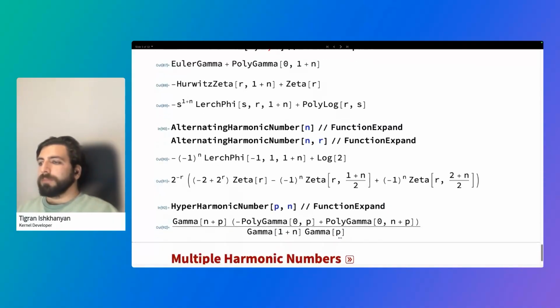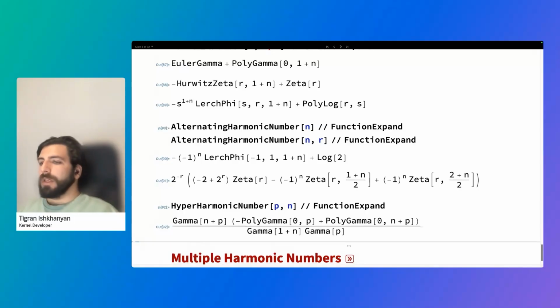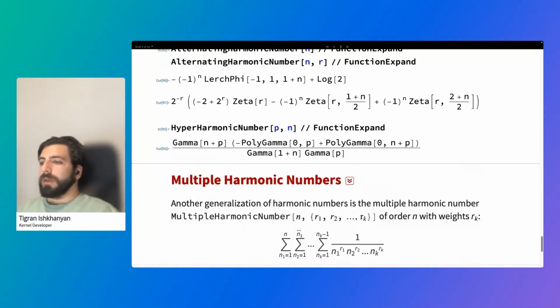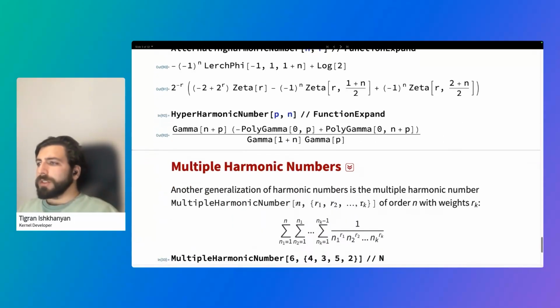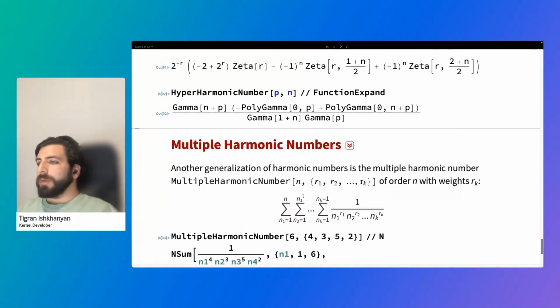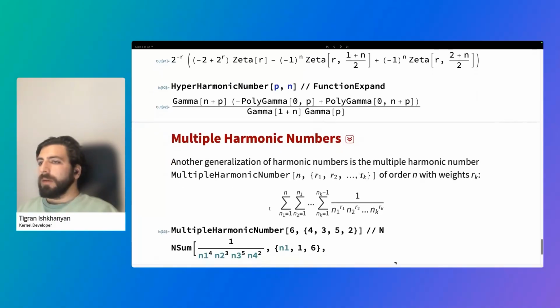So these are some new functions: the harmonic number of three arguments, the alternating harmonic numbers, and hyperharmonic numbers. Another generalization of harmonic numbers is multiple harmonic numbers, which generalizes harmonic numbers when we have different orders R. The multiple harmonic number is written like this sum.